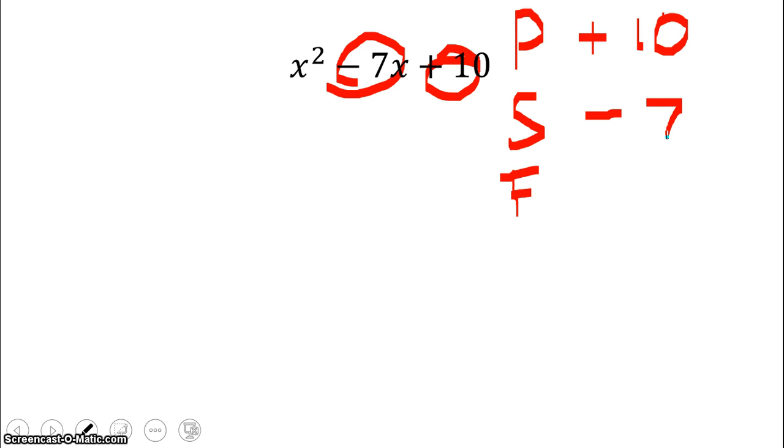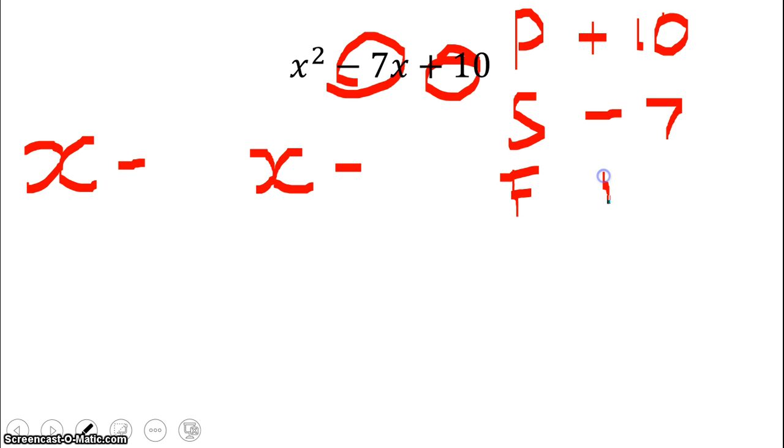So, my C term is positive, so therefore I'm going to have the same sign. I can see that my sum term, or the B term, is negative, so I'm going to say that they're both going to be negative factors.